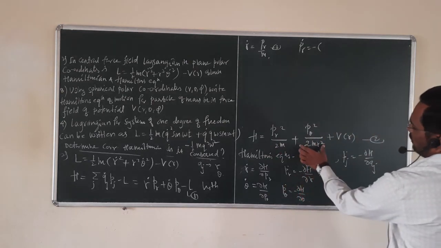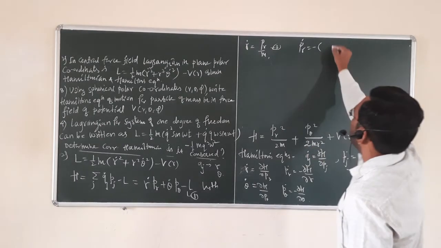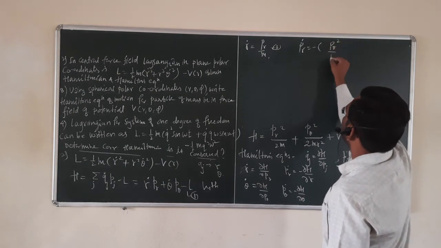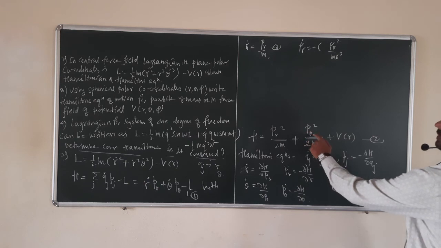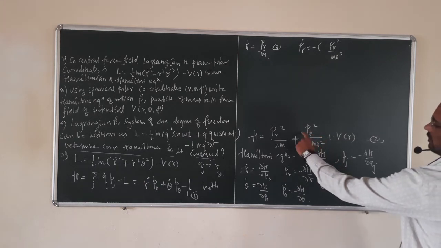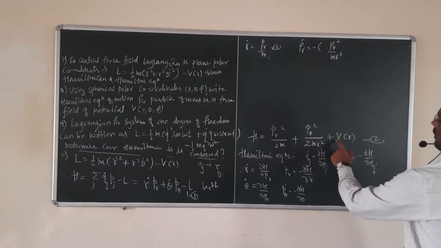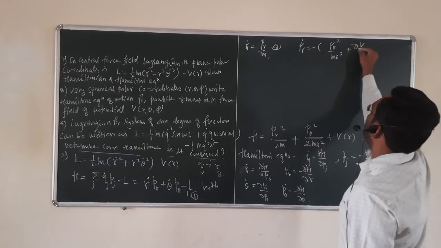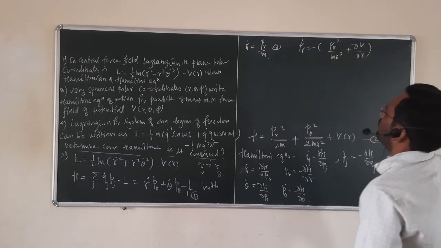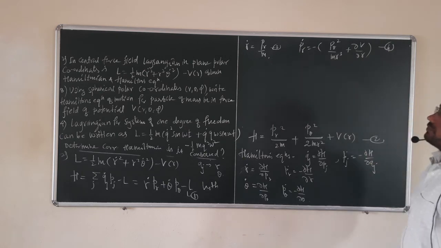If you differentiate this with respect to r, that will become minus 2 p theta square divided by m r cube. So that 2 will get cancelled, we get p theta square by m r cube, and the derivative of this term with respect to r is the partial derivative of V with respect to r. So this is the second Hamilton's equation, equation number 4.